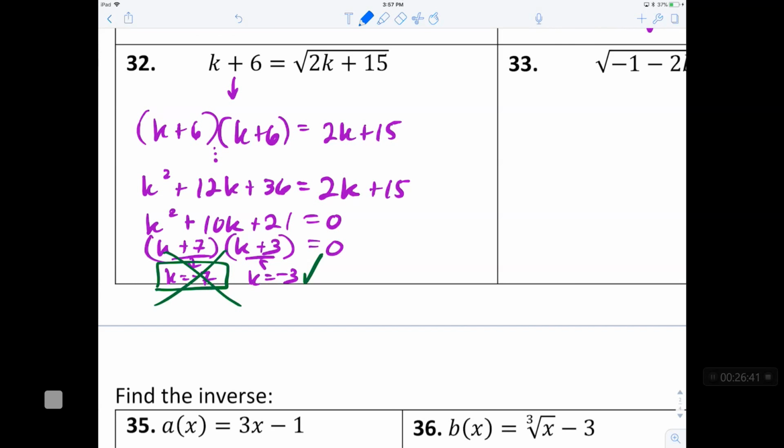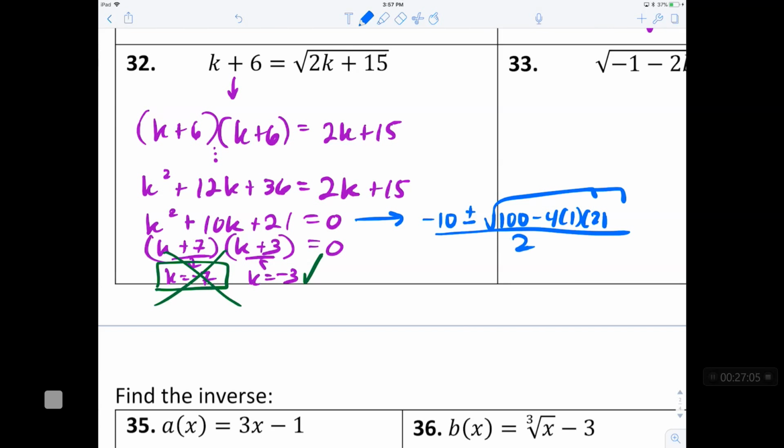If I was to do this over here, and I'm going to have to erase this in a second, but if I go here and I plug this into my quadratic formula, this would be -10 plus or minus the square root of 100 after I square 10, minus 4 times 1 times 21, all over 2. Let's check here. Did I do my math correctly? I think so.